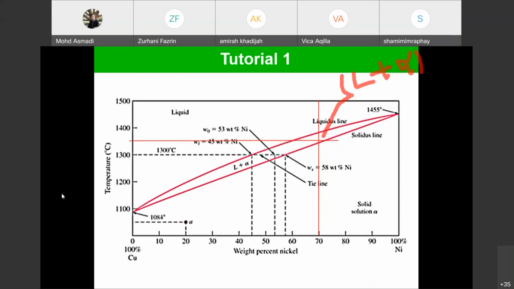So if you look at here, how many percent of nickel and how many percent of copper?